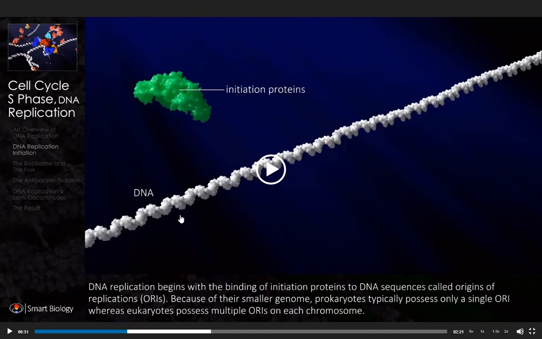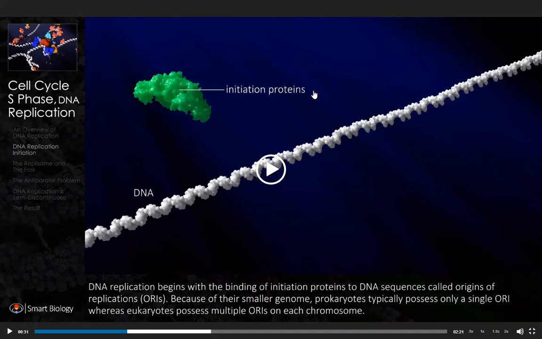Remember, prokaryotes have a single circular DNA, so each bacterium has only one chromosome and only one single origin of replication.